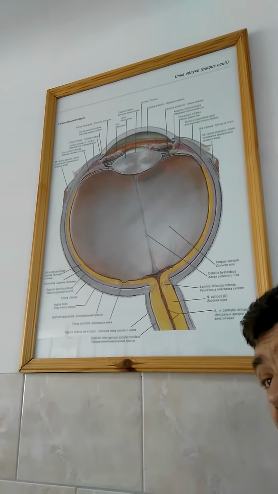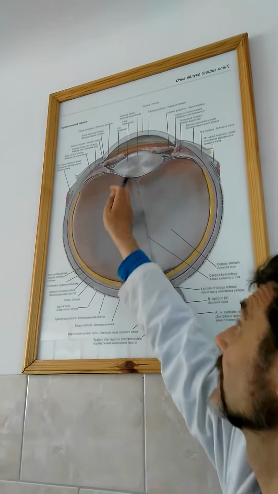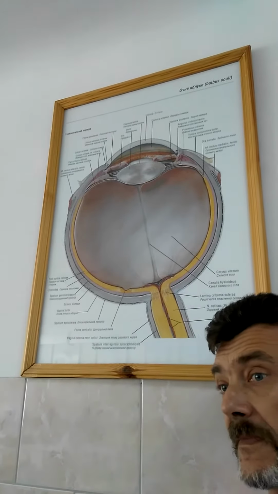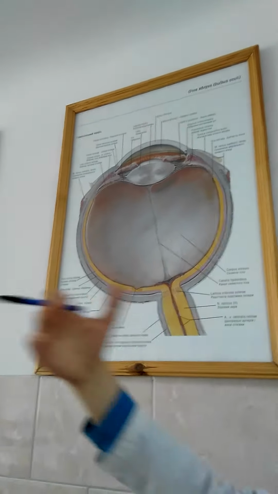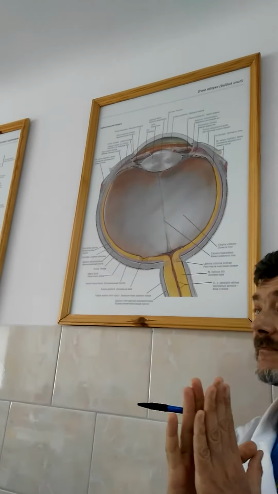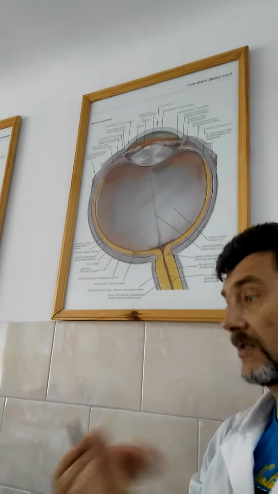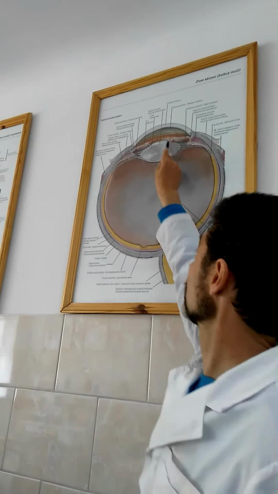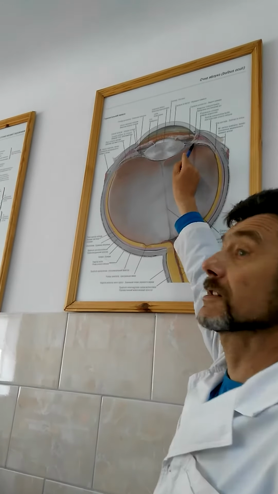Contraction of those muscles helps to change the shape of the lens. In case you look far away, the lens is flat. If you look at things near to your eyeball, it is round by contraction of muscles.